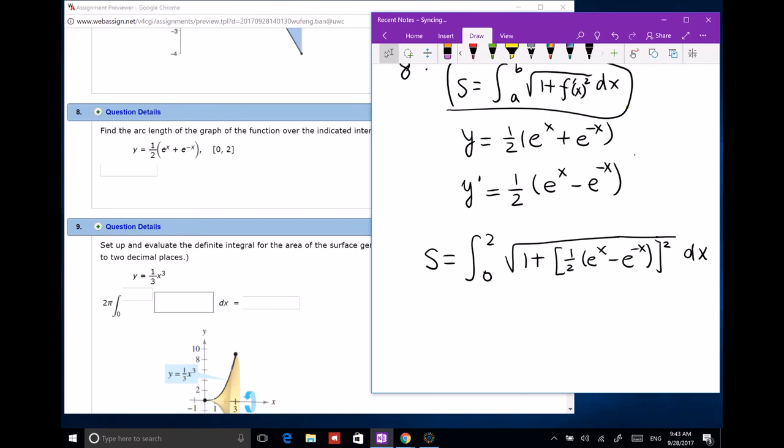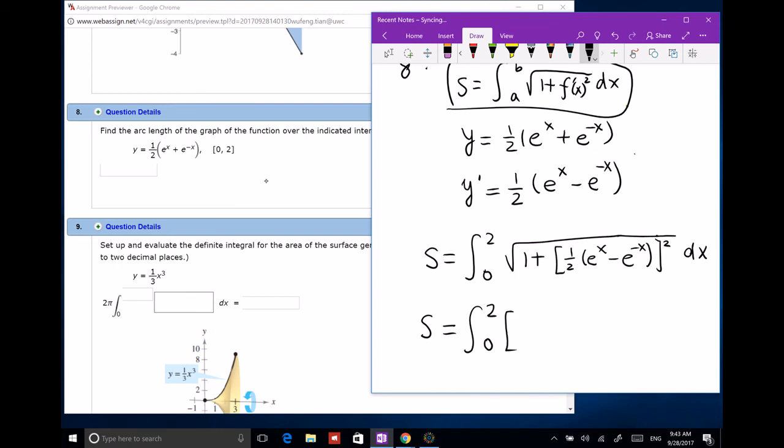Do you have questions? Okay. So s is from 0 to 2 square root of 1 plus 1/4 of e to x times e to negative x, which is 1 minus 2 plus e to negative 2x dx.